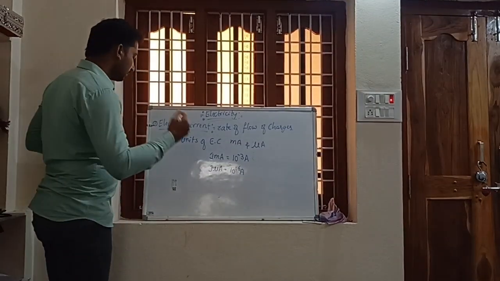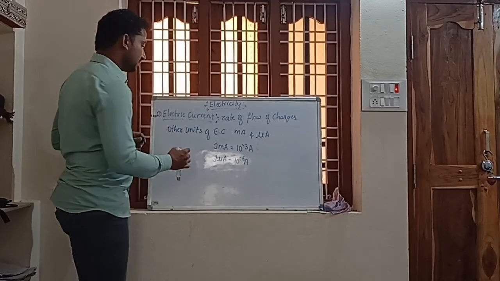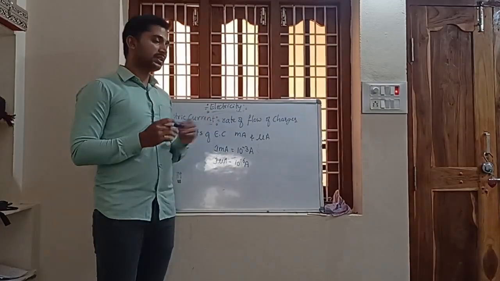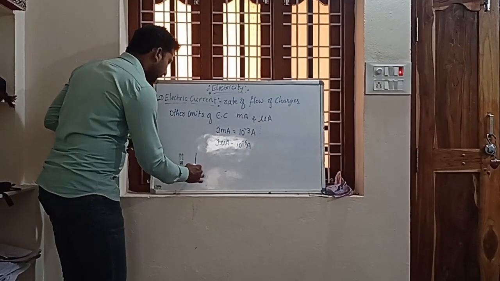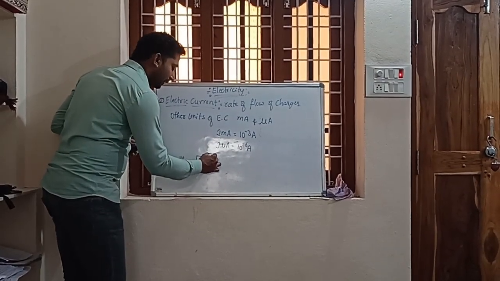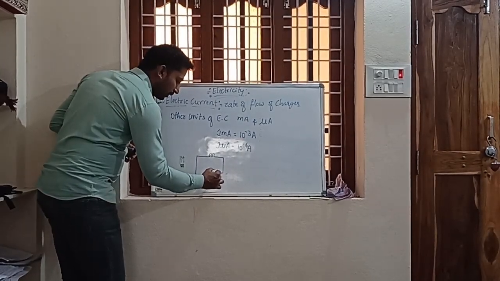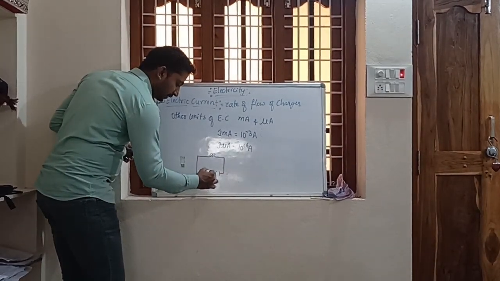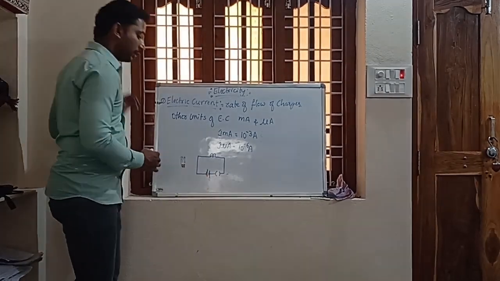And you have to understand the electric circuit. I told you that the charges are flowing in an electric circuit. How does an electric circuit look? An electric circuit is nothing but wires, some electrical devices and a power source. This is a switch and this is a power source, a battery, and current is flowing.